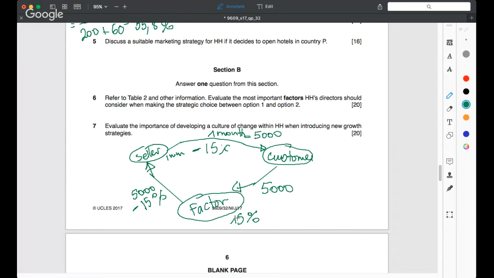But meanwhile, I'm not waiting 1 month to have back my money. They are not waiting 12 months to have back their money. What they do is ask a factor to take the 15% and to give me 5,000 minus 15%.